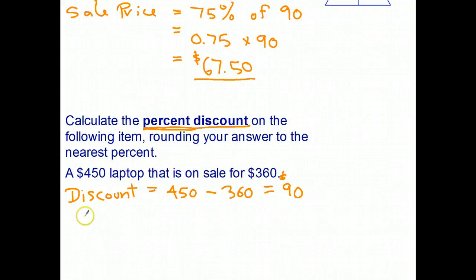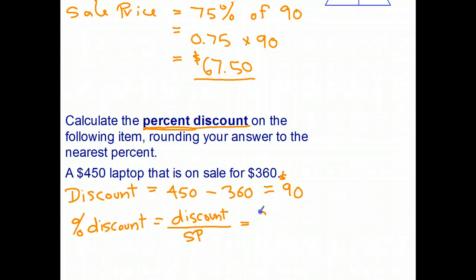Now I need the percent discount. And again, it's worth writing the word discount as part of the equation. Percent discount equals discount over, in this case, the selling price, the original price. The discount is $90. The original price was $450.